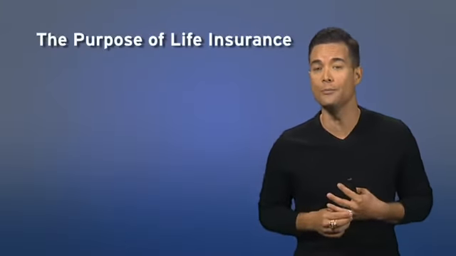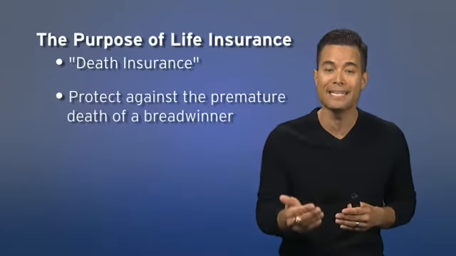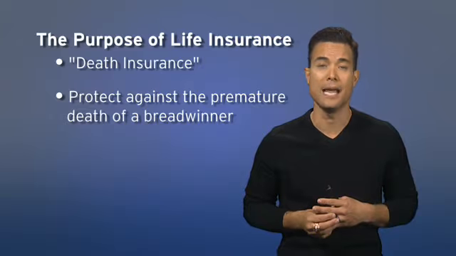I want to talk to you a little bit about how we make a difference in Primerica, and really what the purpose of life insurance is. Obviously, life insurance is very important to us in Primerica. First, life insurance should be called death insurance. Its purpose is to protect against the premature death of a breadwinner.